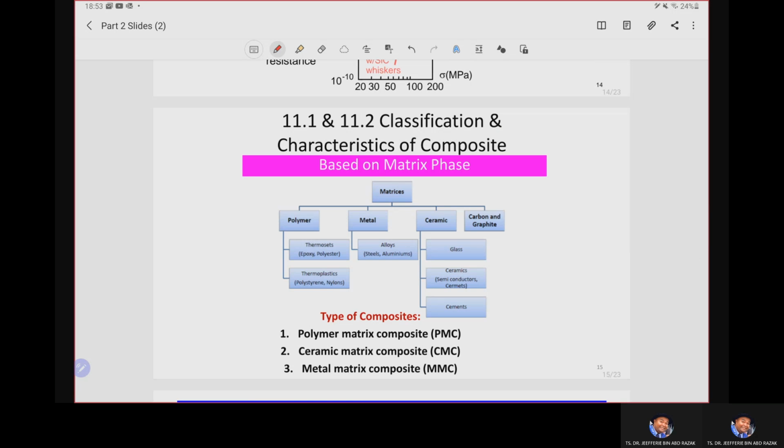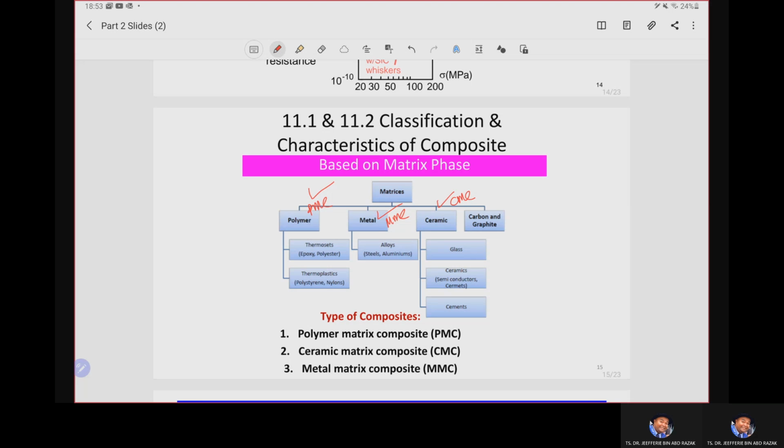We have three main categories: the polymer matrix composite, PMC, the metal matrix composite, MMC, and the ceramic matrix composite, CMC.